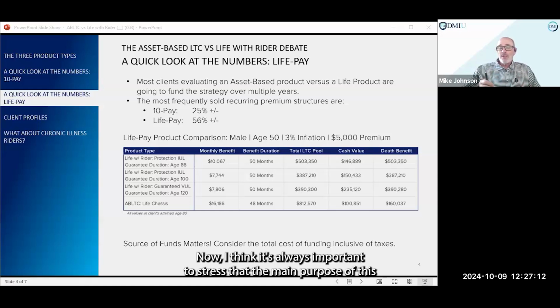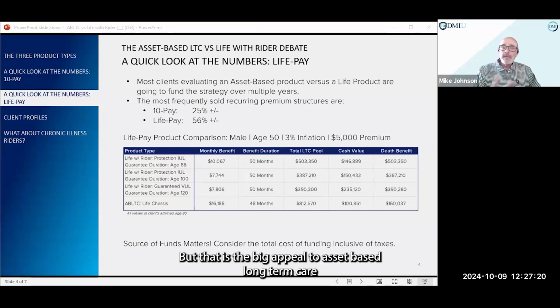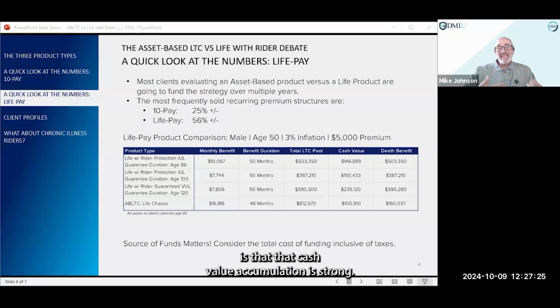Now, I think it's always important to stress that the main purpose of this coverage is to fund those long-term care dollars as best as possible. But that is the big appeal to asset-based long-term care, that cash value accumulation is strong. Now, it's not going to be quite as great as what you'd see with a traditional life insurance product.